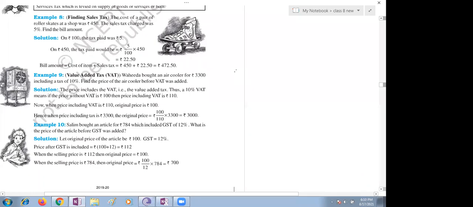Ma'am, our teacher told us some formulas. No need, children. Nowadays, in our future examinations also, there is no written part. You are supposed to solve all the MCQ based questions only. I am not sure, but 10th class is also planned like that.